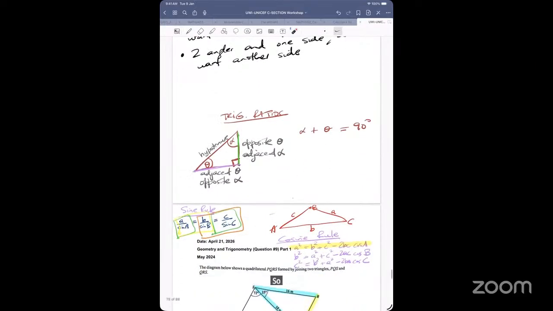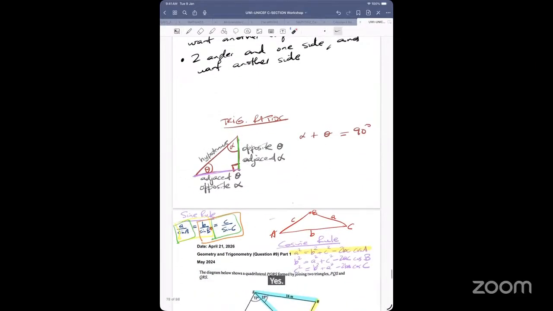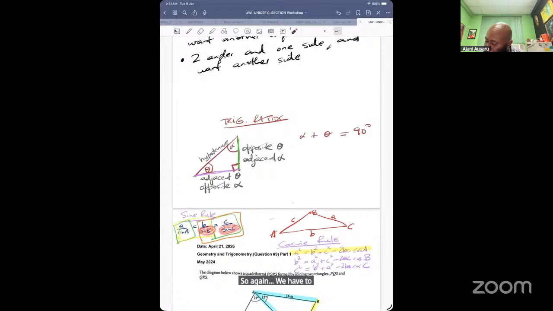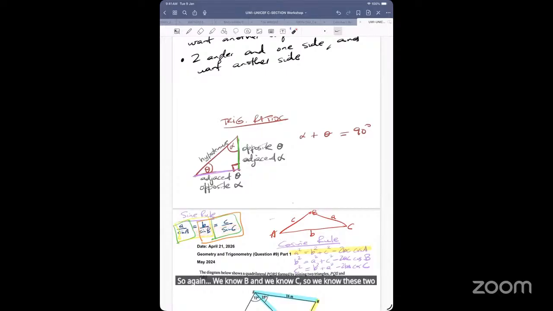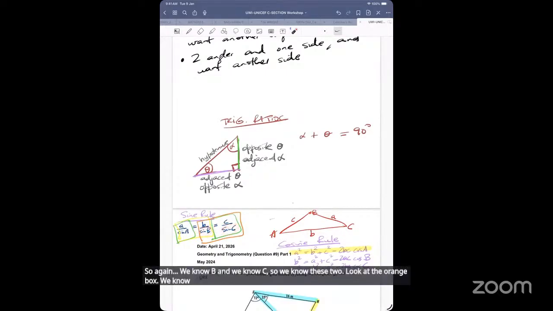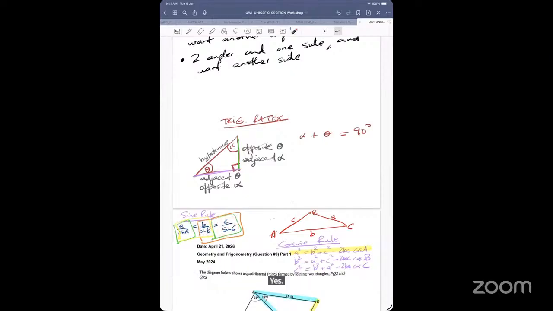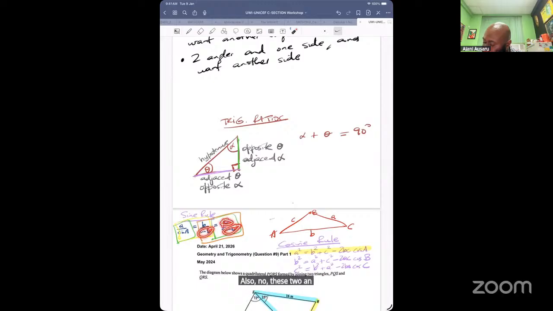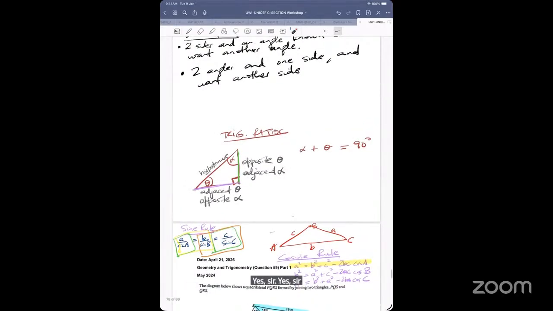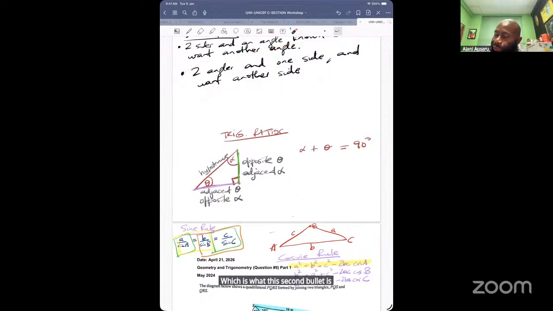That means we know B and we know C. So we know these two, look at the orange box. We know this and we know this, and we know one side. So we can find C, which is a side, correct? Or if I know these two angles and I know C, I can find B, correct? Which is what this second bullet is saying. So you have two angles and one side, you can find the next side.